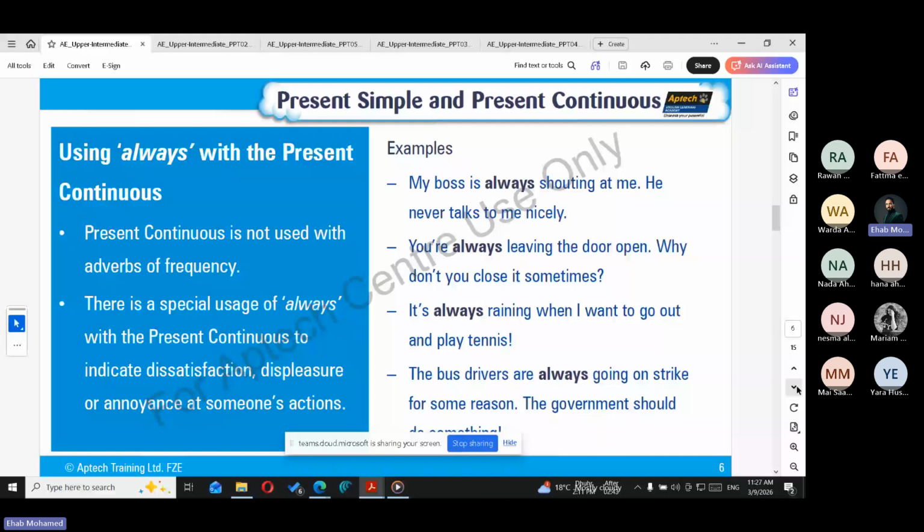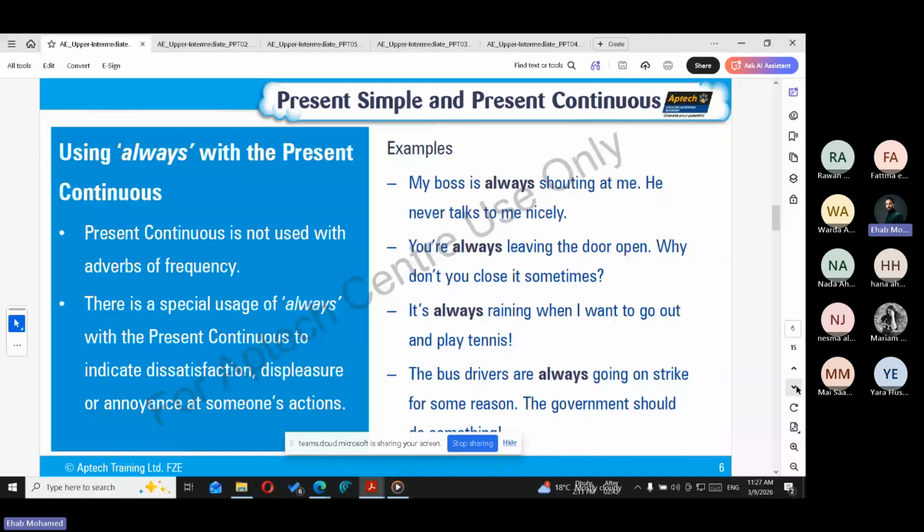Why don't you close it sometimes? See, this is the intonation, the rhythm, the music you use when you say the question: why don't you close it sometimes? It's always raining when I want to go out and play tennis.